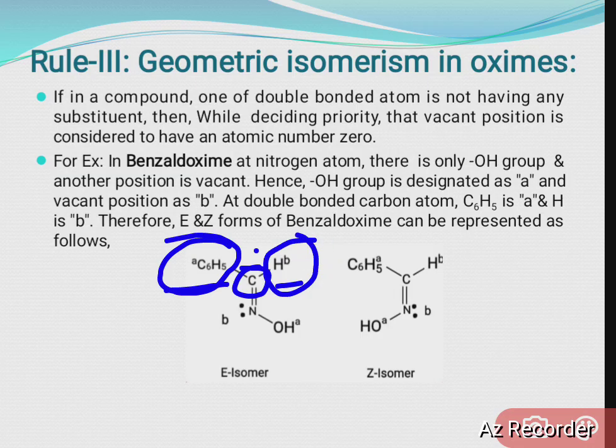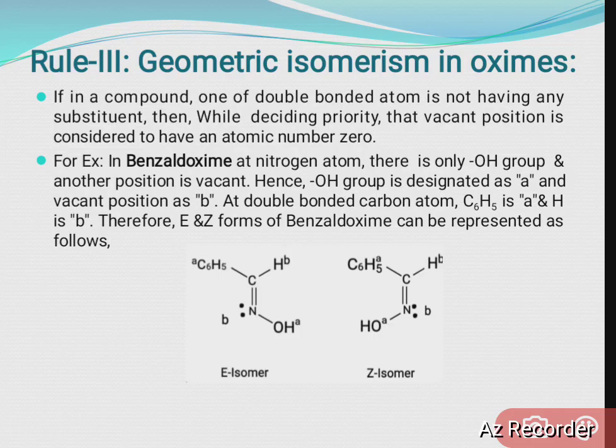This will get the least priority. Okay, next for this, it consists of only one substituent, the other side is vacant, hence this is considered as atomic number 0. So this one gets the highest priority, and the vacant side is b.